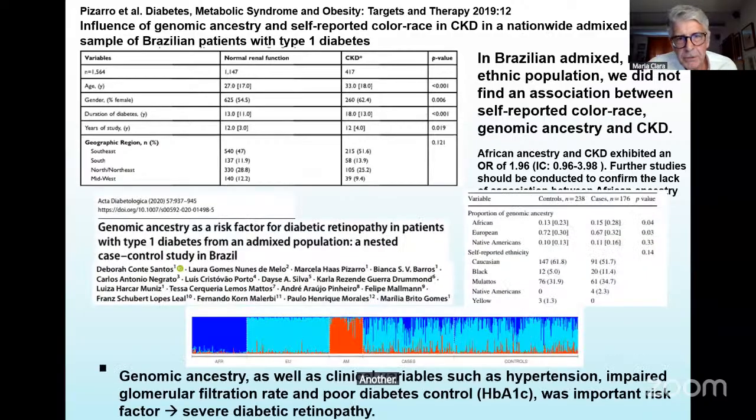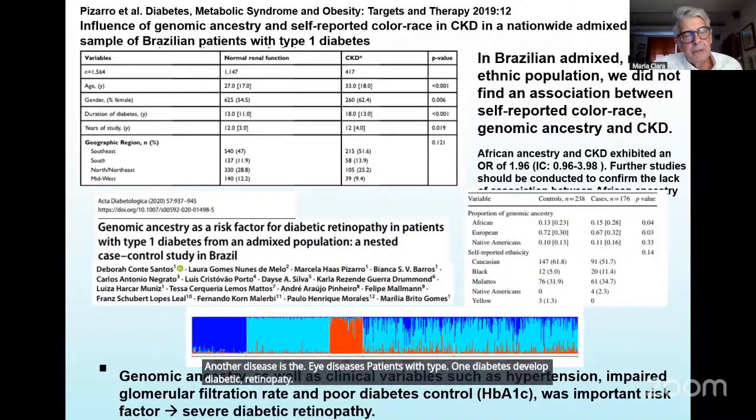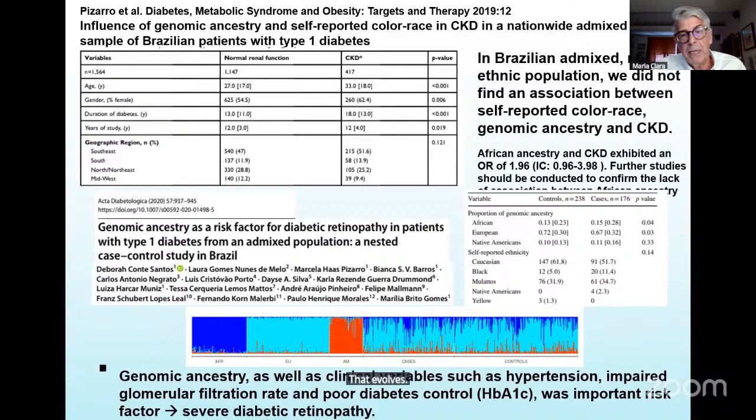Another disease is the eye diseases. Patients with type 1 diabetes develop diabetic retinopathy that evolves sometimes to blindness, and it's very complicated.